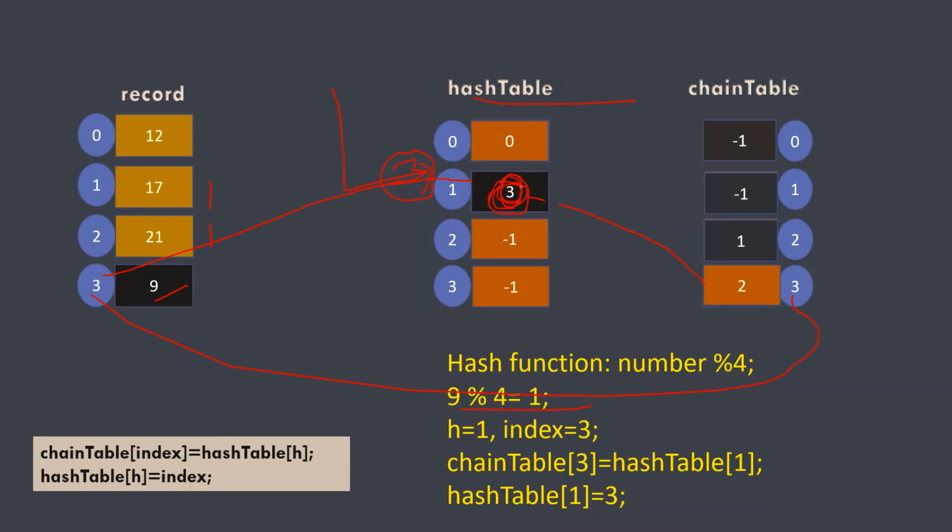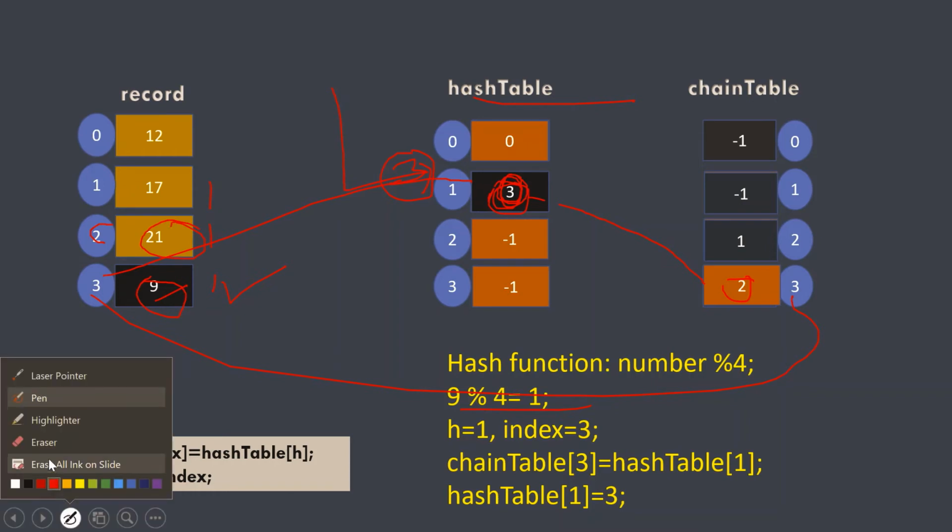The entry here is 3. Go to 3 in the record, you find 9. So 9 has a hash value of 1. You go to chain table at 3 and you find entry 2. Go to 2 in the record, you find 21.